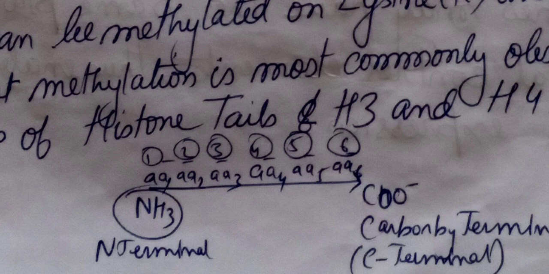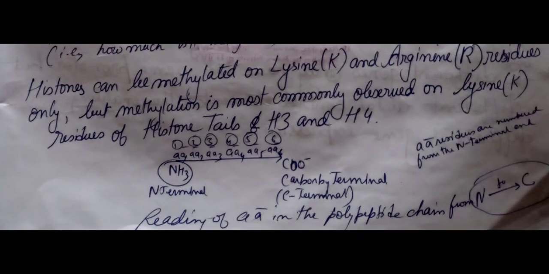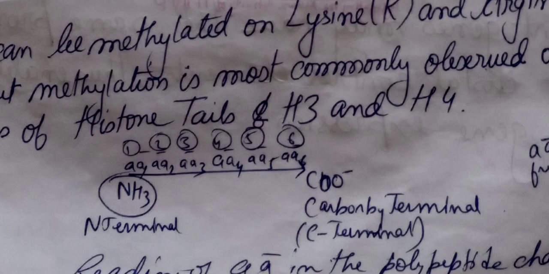Now, the basic thing is that amino acids are always read from the N terminal tail to the C terminal tail. Amino acids are always read from the amino terminal end and proceed to the carboxy terminal end.